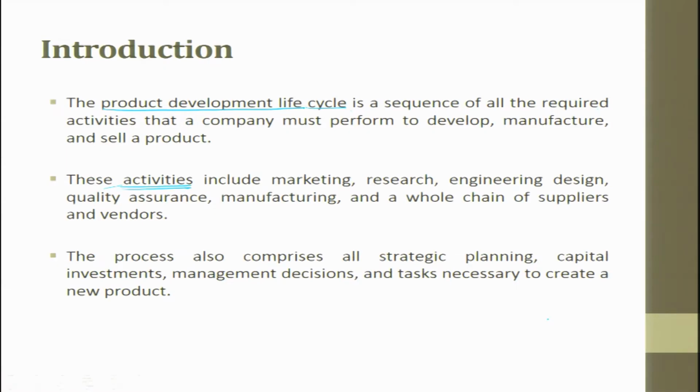So the process also comprises all strategic planning, capital investment, management decision and task necessary to create a new product. So all these things are part of product life cycle.